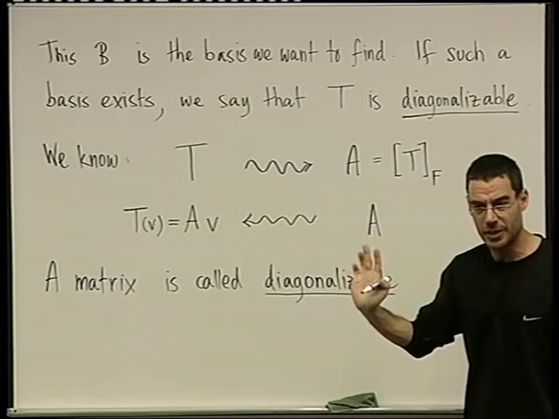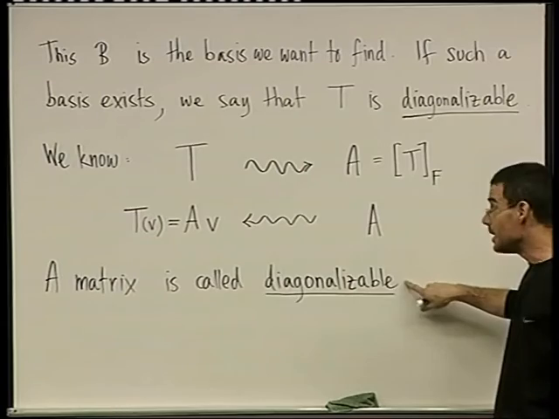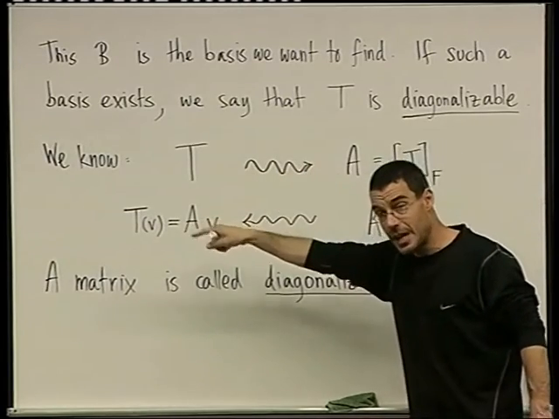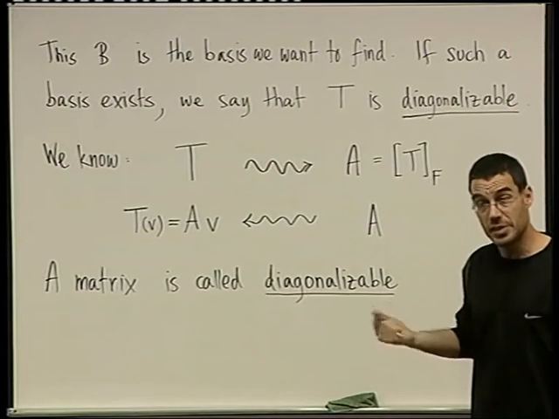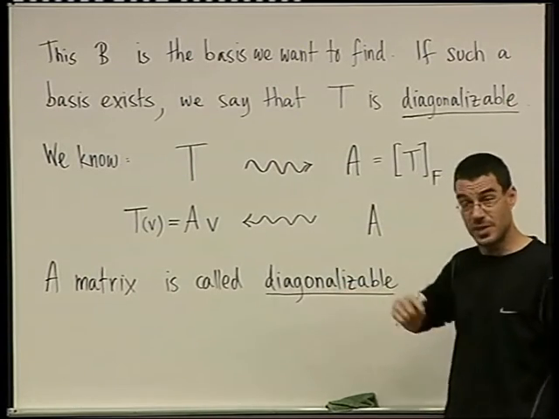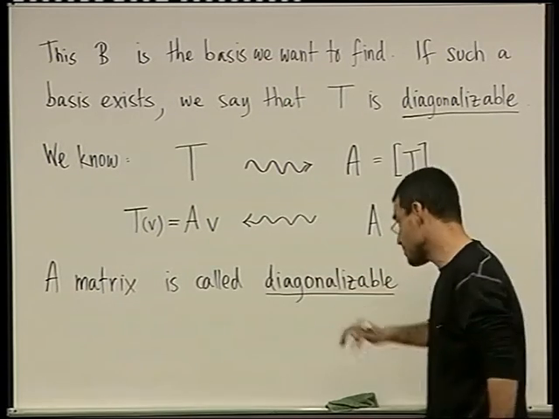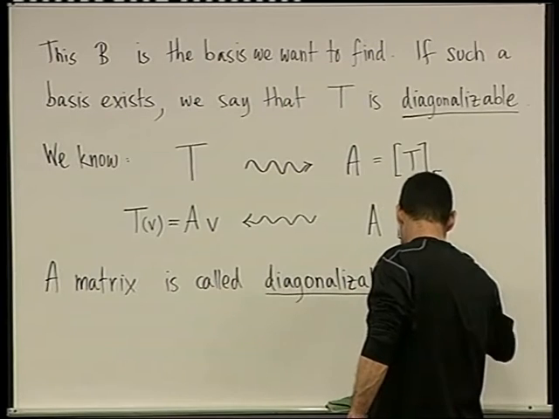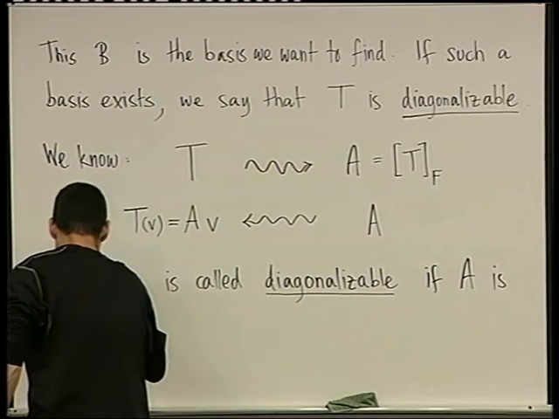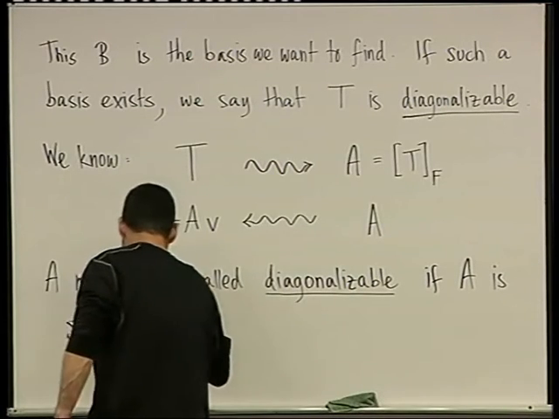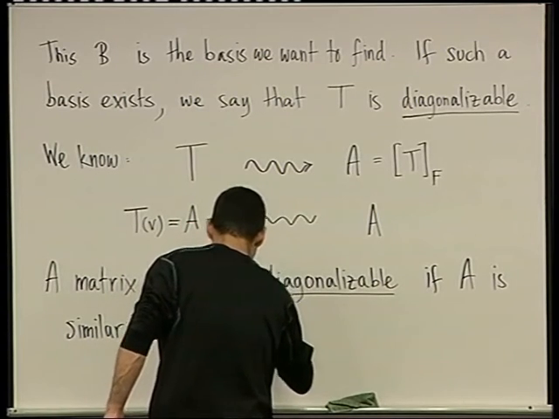If A is diagonal, it's diagonal. But A is going to be called diagonalizable if the T that it represents has another representation which is diagonal. Okay? Which is the same thing as saying that A is similar to a diagonal matrix. Okay? So A is called diagonalizable if A is similar to a diagonal matrix.